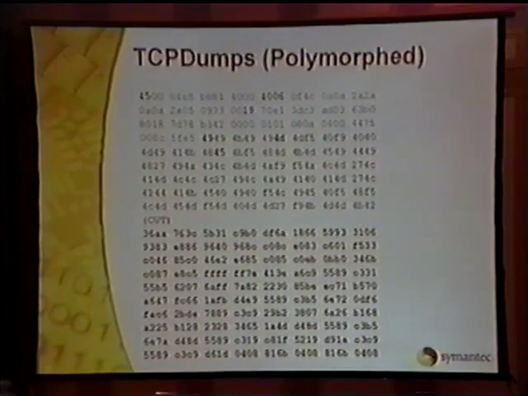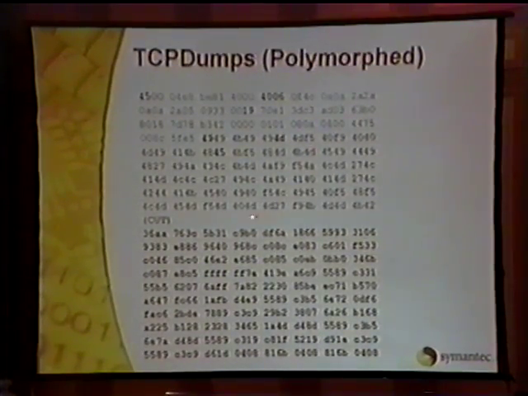Here's a polymorphed one. It's the same attack, but it's been polymorphed. We still know it's IP. We still know that it's TCP. It's port 25. But here where all the 90s are is all the substitutional no-ops. I cut it down again, and here's the shellcode.